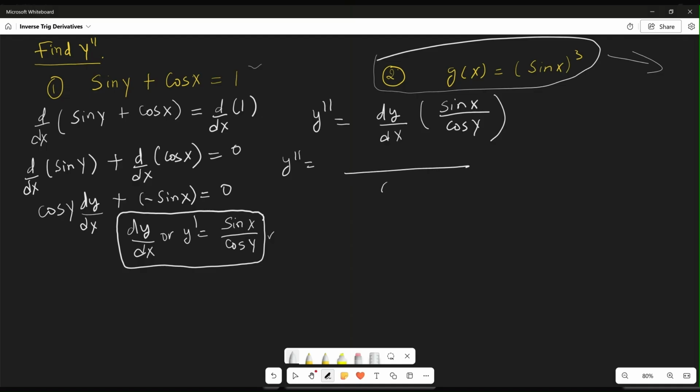So b squared, cosine squared y, b times the derivative of a, the derivative of sine is cos x, minus a times the derivative of b, which is cosine y. Since y is a function of x, same thing as we've done here, it's going to be negative sine y with respect to x, dy over dx.